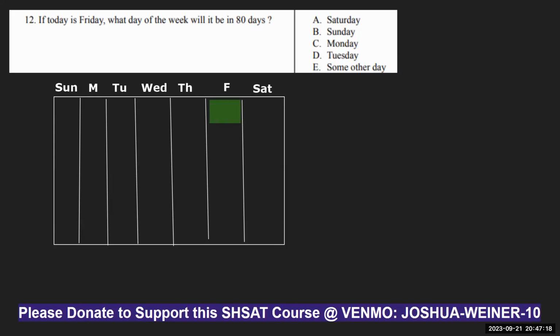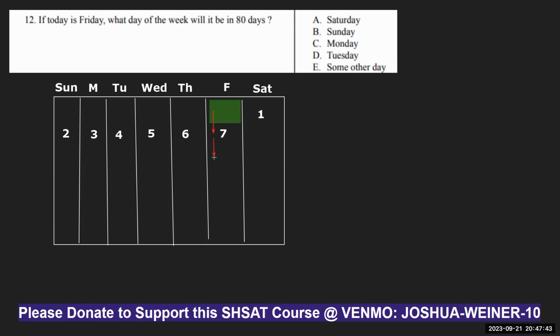Well, 1 day later will be Saturday. 2 days later will be Sunday, and so on. 3 days later, 4 days later, 5 days later, 6 days later, and a full week later, it will be Friday again. So you can keep going using a calendar like this, but you already know that there's 7 days in a week.